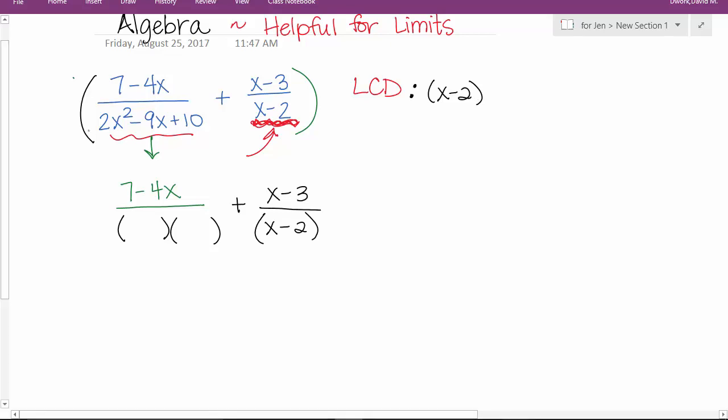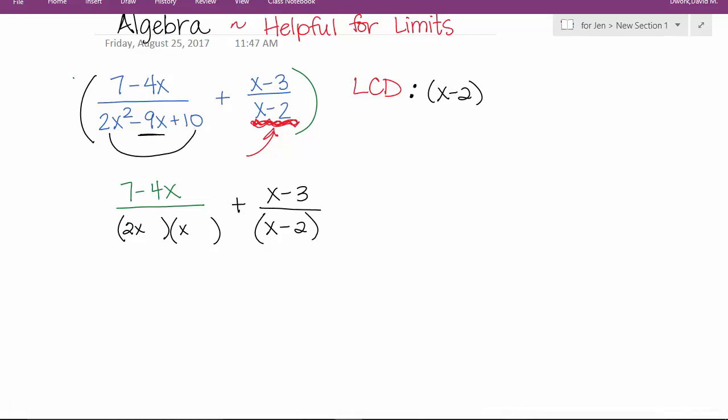If I take the 2x squared minus 9x plus 10, this first quadratic in the denominator, and factor it, I'll use guess and check: 2x and x multiply to be 2x squared, and then I need factors of 10 that create this middle term of minus 9x. Another way to look at it is that you need factors of 20 that add to negative 9 if you're using the AC technique.